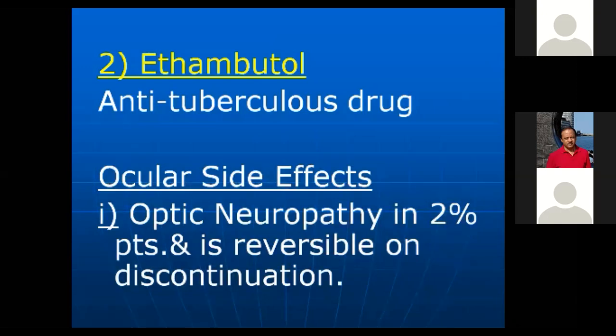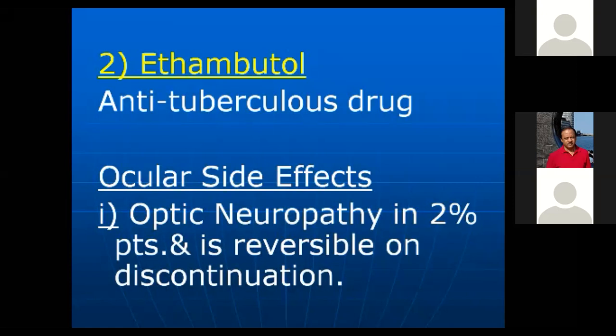It only occurs in 2% of patients receiving ethambutol. So whenever you see the changes in the optic nerve in a patient receiving ethambutol, you must ask the physician to stop the drug, because once the drug is stopped, then the side effects get reversed. This is a plus point of this drug.